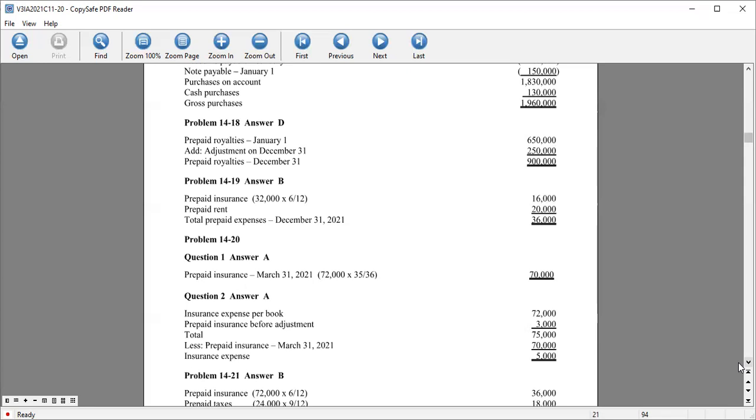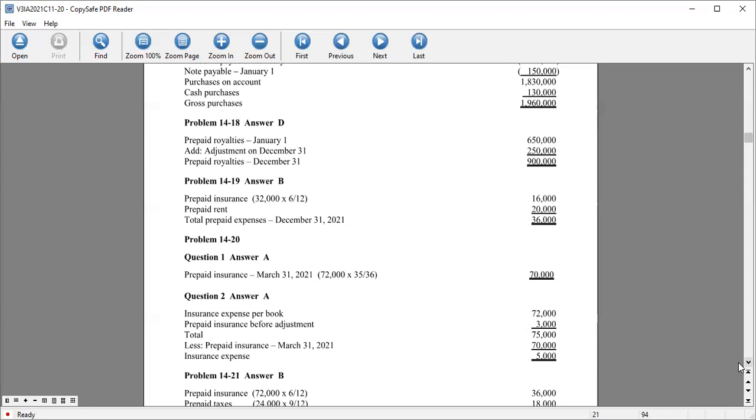Then problem 19 is asking for what amount should be reported as prepaid expenses. So in problem 19, we begin with prepaid insurance for 32,000 times 6 over 12. So you have now your prepaid insurance of 32,000 adjusted for 6 over 12.